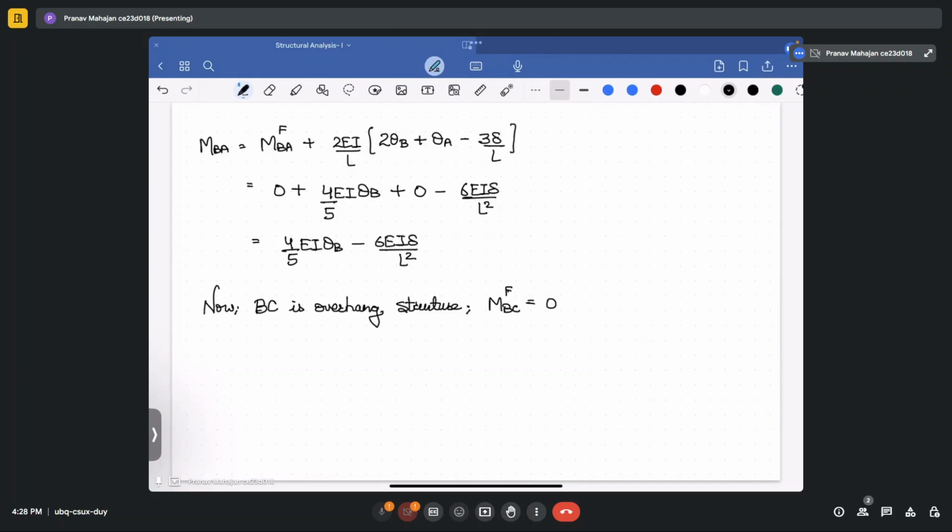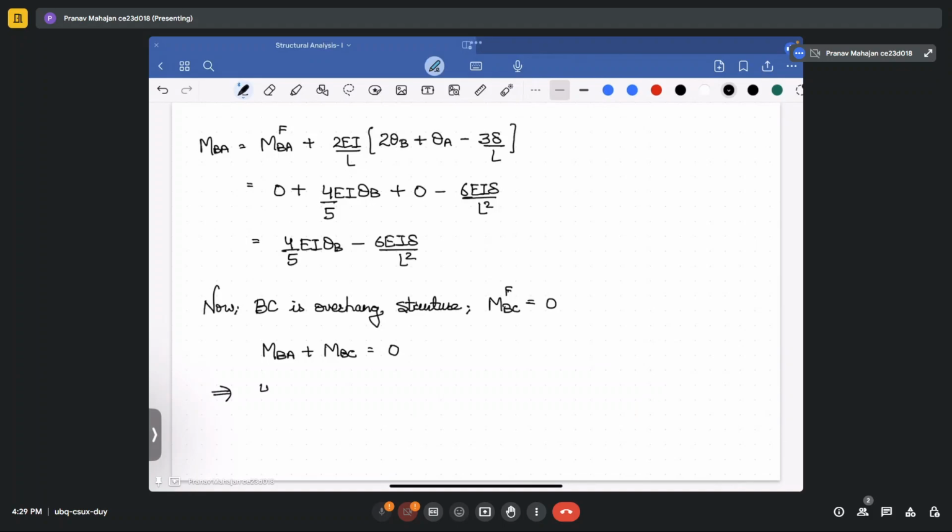Using the equation, since the total moment at B, MBA plus MBC, should be equal to 0, and MBC is already 0, your MBA will become equal to 0, and based upon that you can calculate the value of slope at point B.